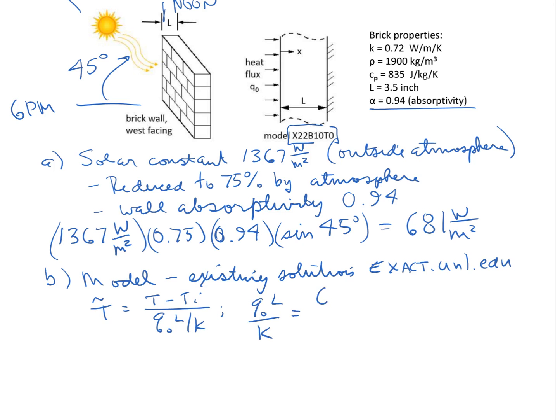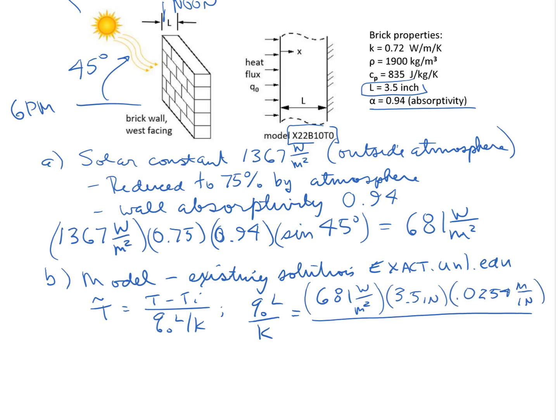Our Q naught is 681 watts per meter squared. Our length is the thickness of the brick, 3.5 inches. I'm going to convert that to meters by 0.0254 meters per inch. And then the conductivity of the brick is 0.72 watts per meter per Kelvin.